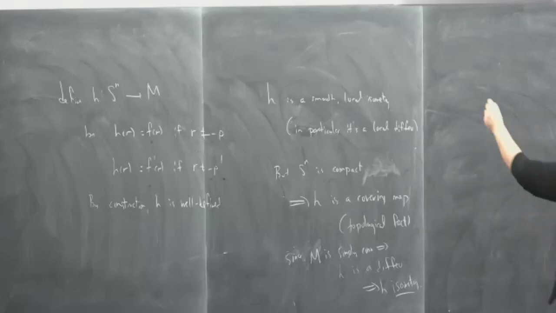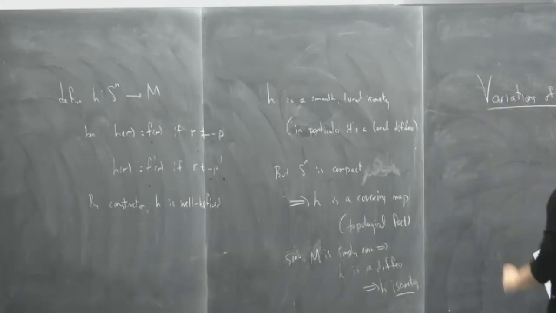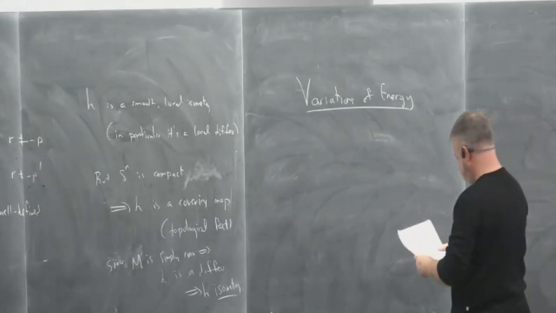So this is variations of energy. Okay. A lot of the stuff from earlier in the course will come back here, like the symmetry lemma and the commuting of covariant differentiation along curves. All the stuff that we did in chapter 5 is going to come back.